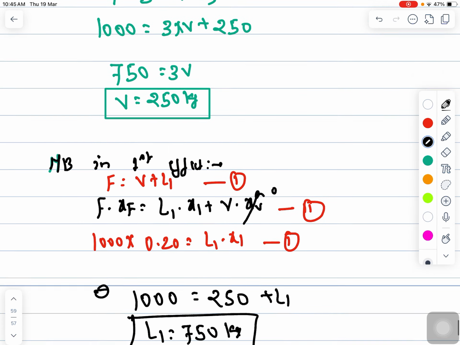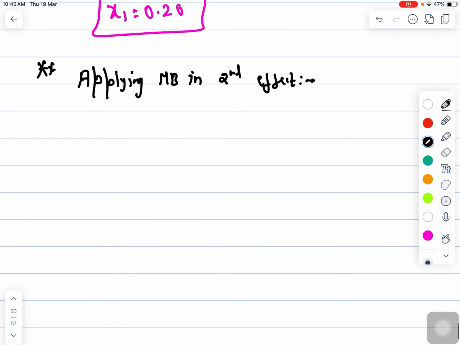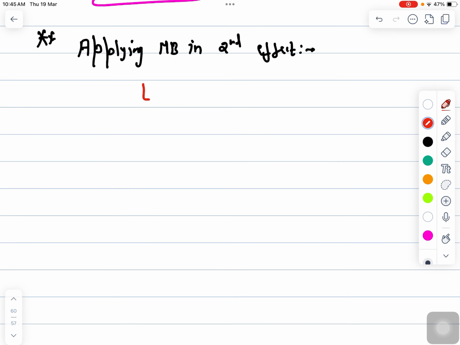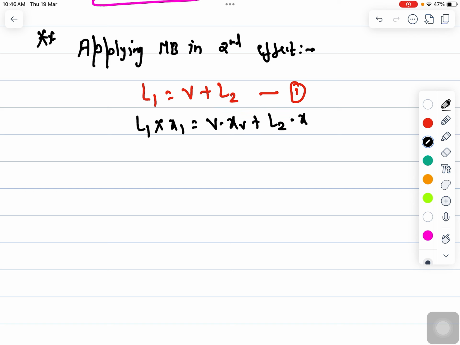If I perform the material balance here, I can say L1 equals V plus L2. Let's say this one is my equation first for this, and then L1 into X1 equals V into XV plus L2 into X2. Since XV is 0, this equation becomes L1 into X1 equals L2 into X2.